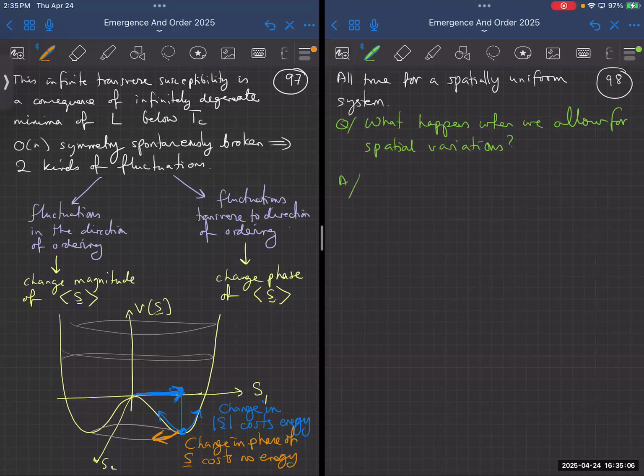Exactly. So there's going to be one mode that is longitudinal, and N minus 1 modes in the transverse direction.